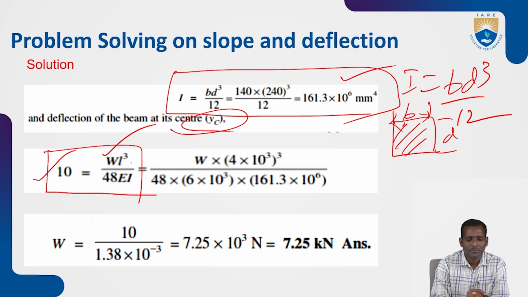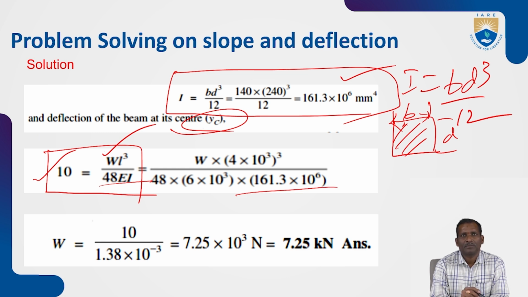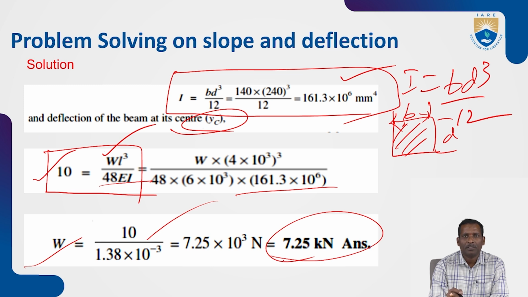L also substitute, 4 meters converted into mm, and E, the given 6 gigapascal converted into Newton per mm square, and I. Clear? So W finally will be 7.25 kilonewtons. Simplify this equation, you will get 7.25 kilonewtons.